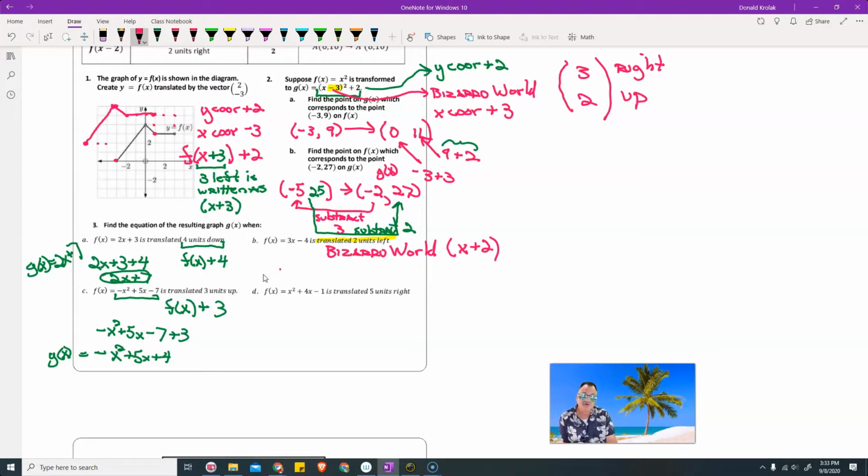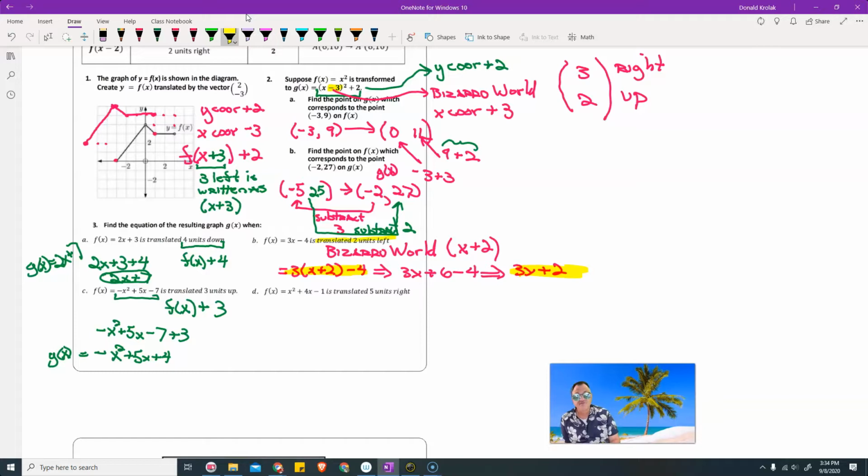Okay, so this would become 3 times x plus 2 minus 4. And you could leave it like that, or you could simplify it. 3x plus 6 minus 4, which is 3x plus 2. Any one of these is okay. This is all right.